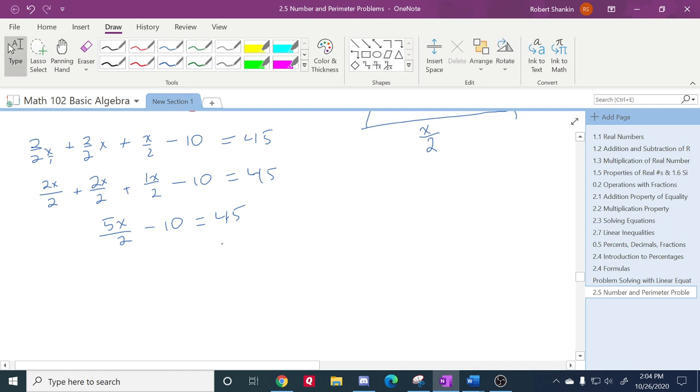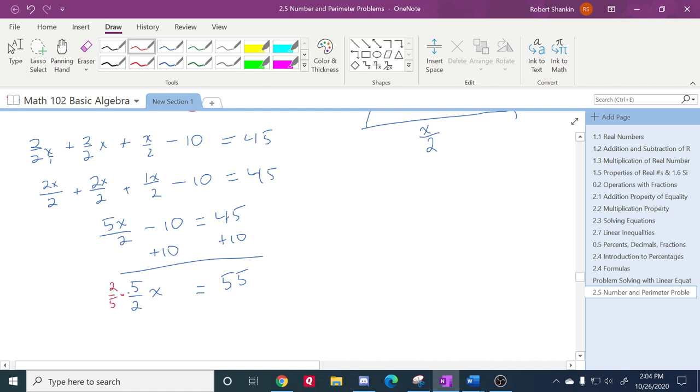And then I'm going to add 10 to both sides. I'm going to write this a little different. I'm putting the x to the side of it. Now, to get x by itself, I have to get rid of this 5 halves. I can divide both sides by 5 halves, but the shortcut for that is to multiply by the reciprocal.